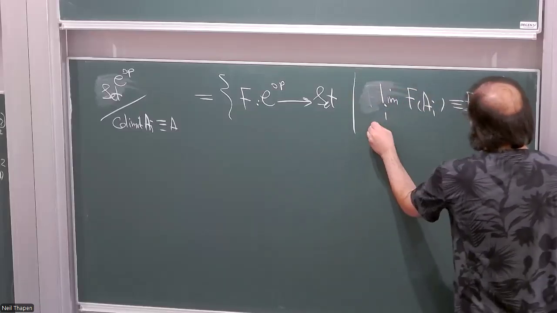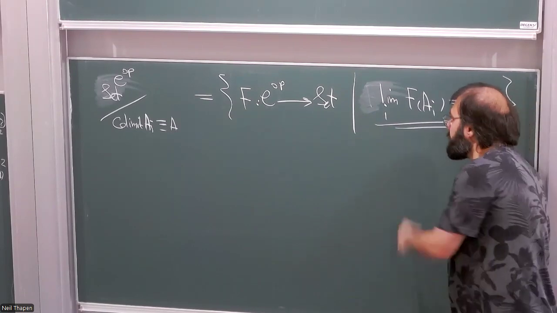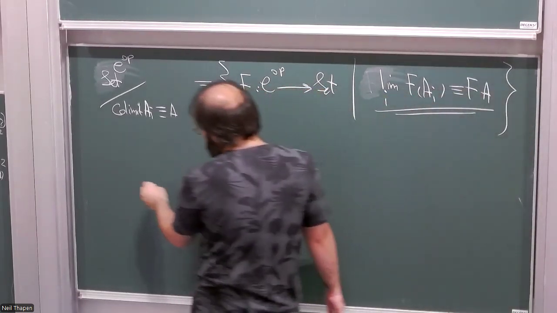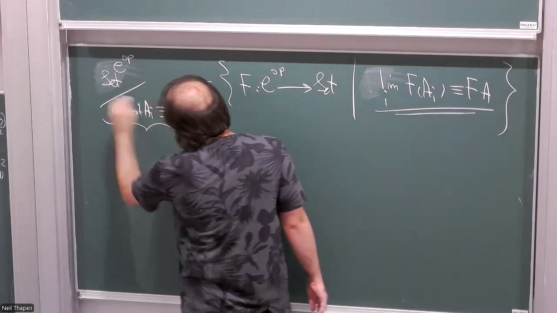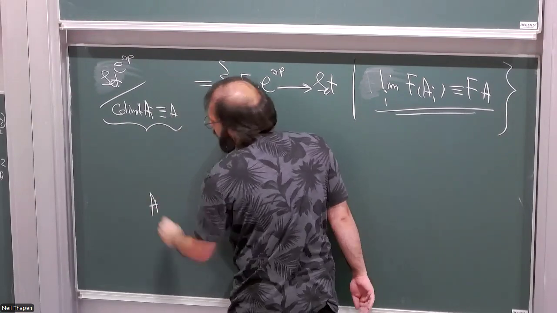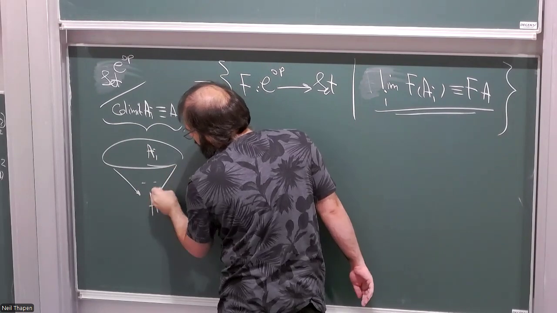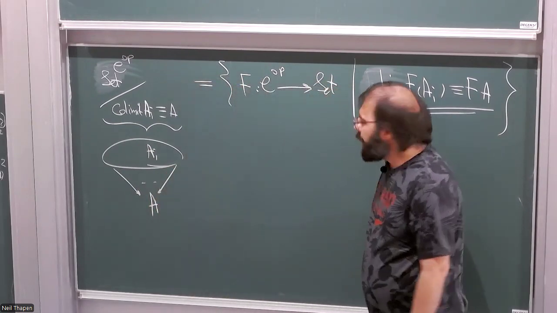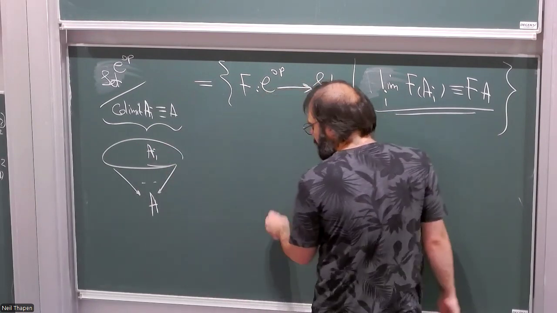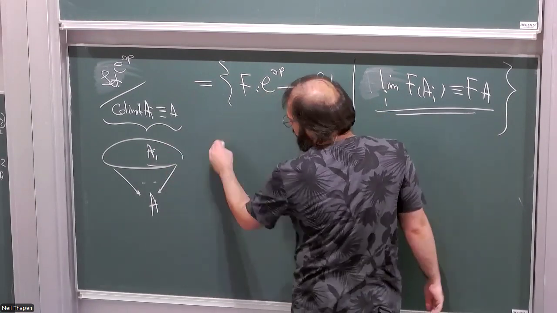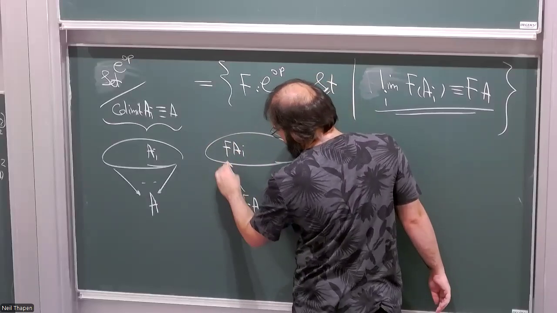The point is, what does it mean to have such a condition? This condition, if you think about it, means that I have A, and I have some AIs as some sort of diagram over A. Then I'm saying to just pick some F's that respect this diagram, meaning that I have F of A and F of AIs, and F is contravariant, so I have this.